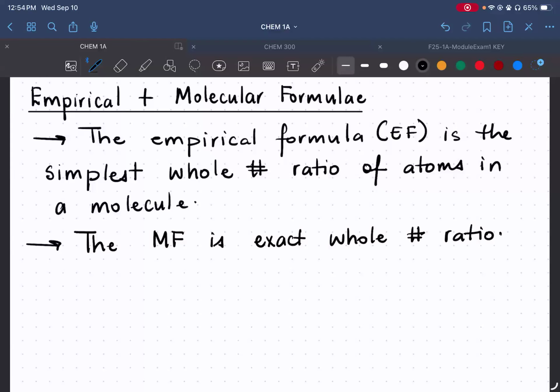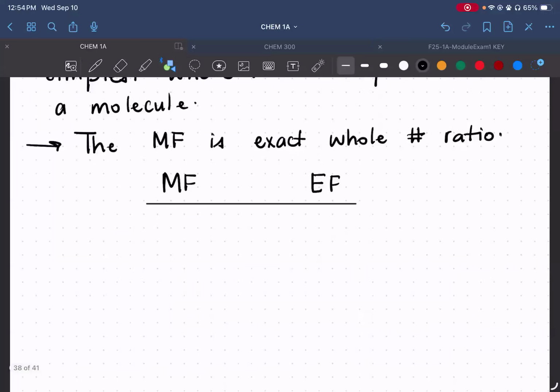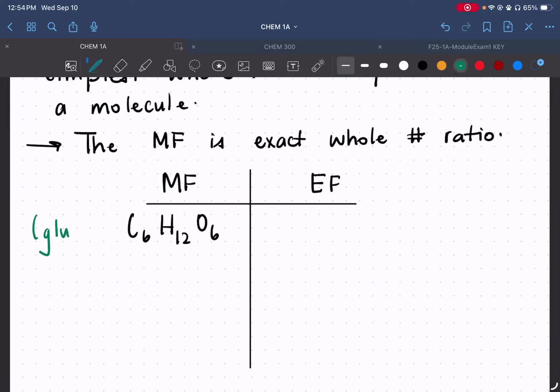What does this mean and what does it look like? Well, if I were to compare a variety of molecular formulas and empirical formulas shown here, an example of a molecular formula is C6H12O6. Our biology majors may recognize this. Not relevant to this class, of course, but C6H12O6 is actually glucose.